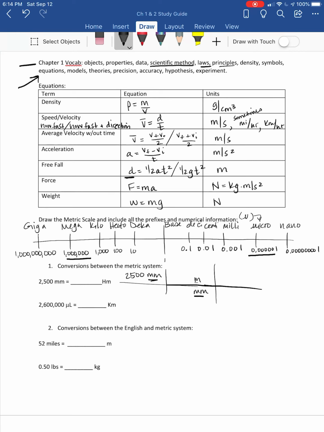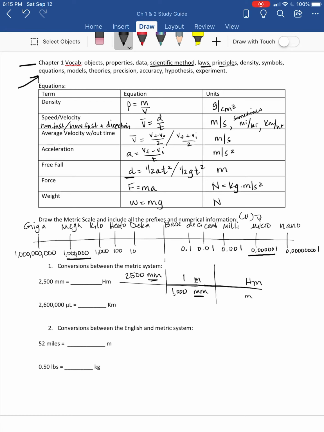So if meters is here, you can go to meters down on the bottom right, and then you're going to go to hectometers. So then you have to ask yourself, which one's bigger, a meter or a millimeter? Well, a meter is bigger, so it gets a 1. And how many millimeters are in a meter? There's 1,000. So if you look back up on your tracks, see how milli is 0.001? You take that number and flip it around and pretend that decimal's not there. So that's how I got the 1,000.